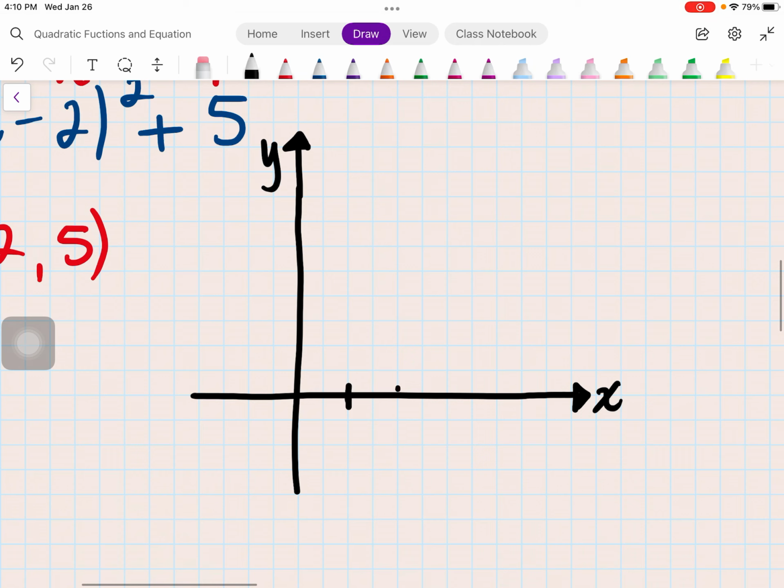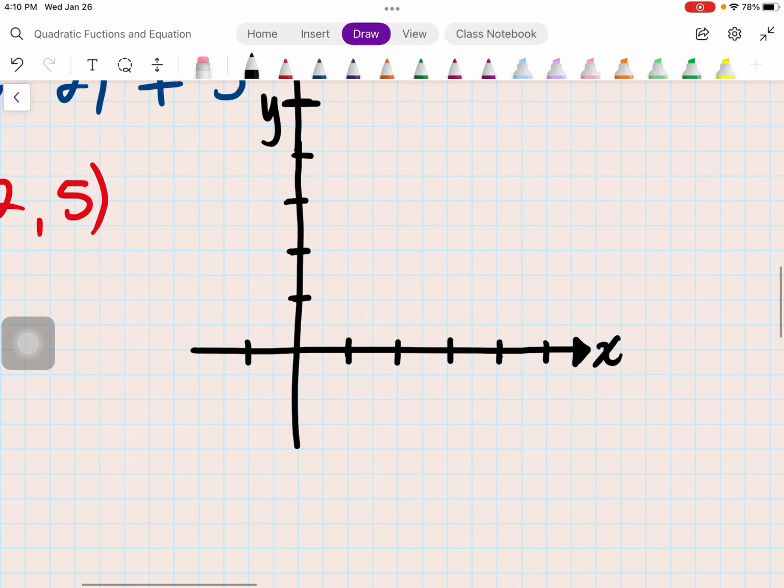So I have 1, 2, 3, 4, and 5. 1, 2, 3, 4, and 5 up here. Actually, extend that a bit. And then negative 1, negative 1, 2, 3, 4, and 5.